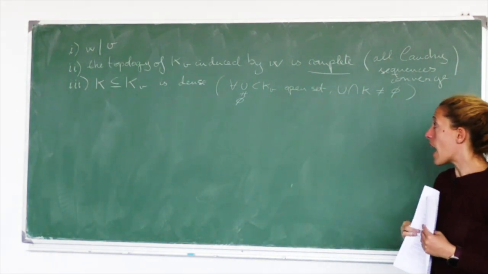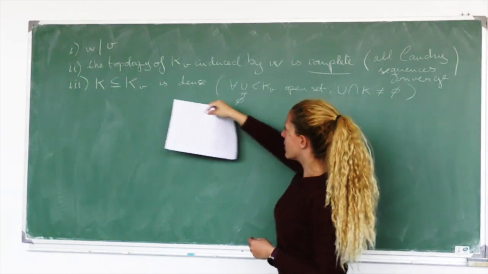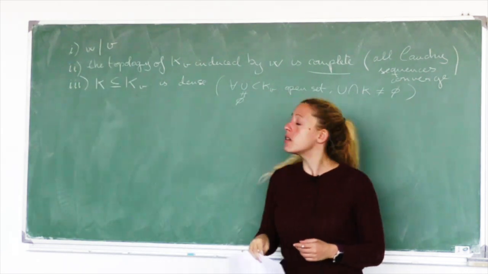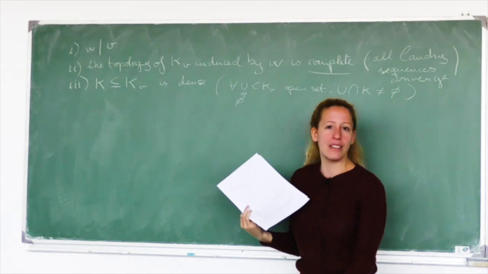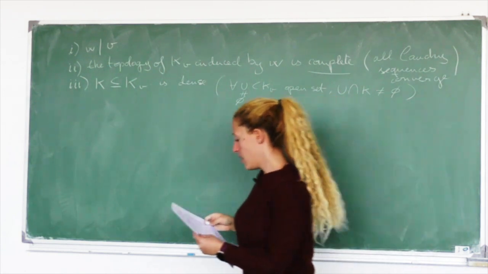So this means that I'm getting something that is complete and such that the restriction of the valuation gives me the original valuation, but I don't want it to be so big. This is the meaning of asking for this condition.